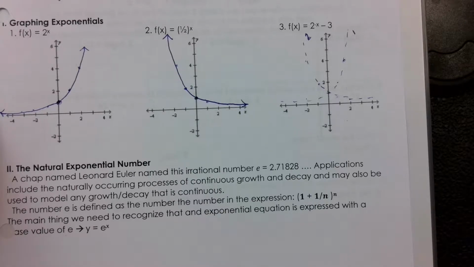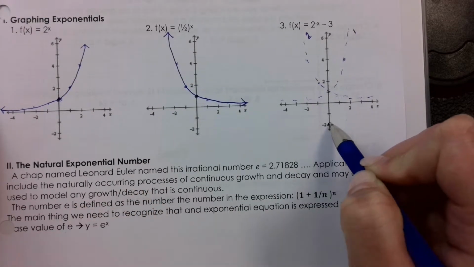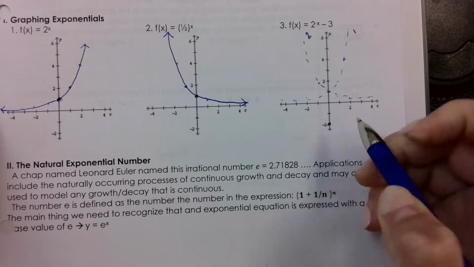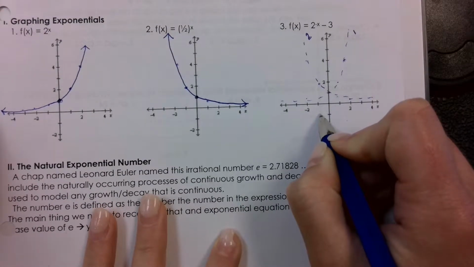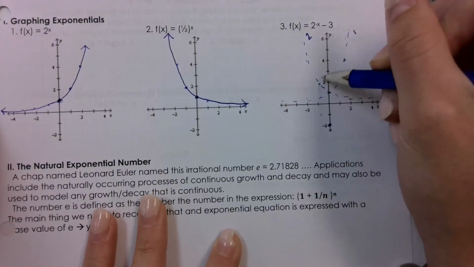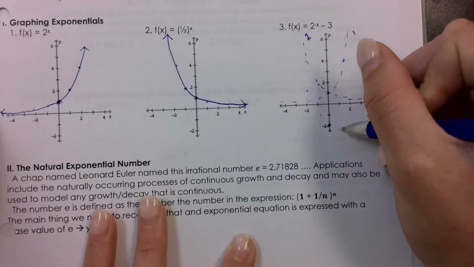And then the last thing that we have is -3. So how are we going to handle that? Right 3, left 3. Down 3. Okay, so we're going to go down 1, 2, 3. So I'm just shifting the key point, that 0, 1 point, and then everything else will follow.